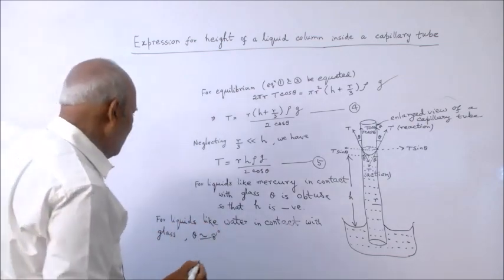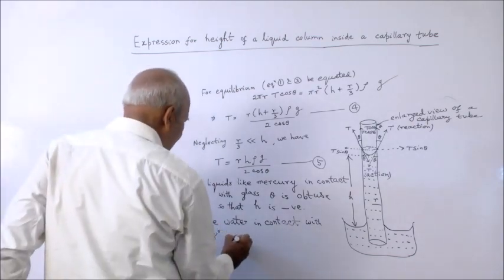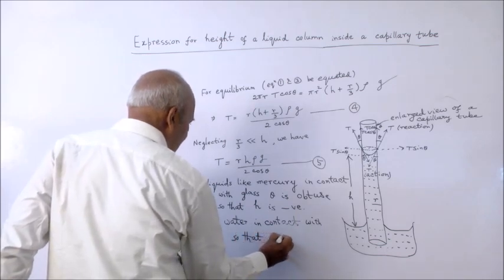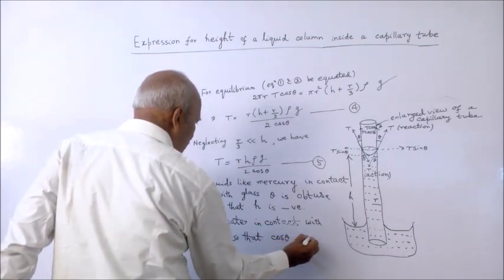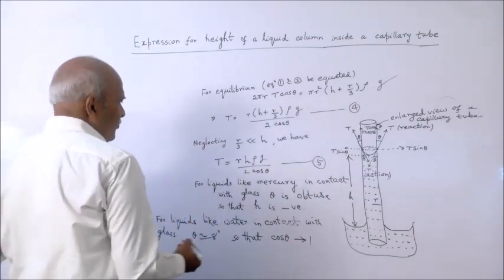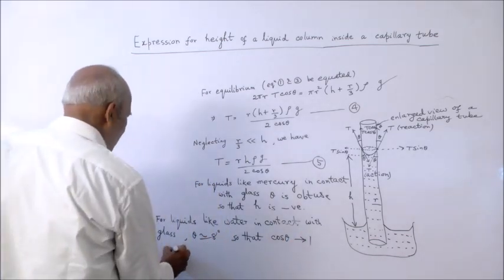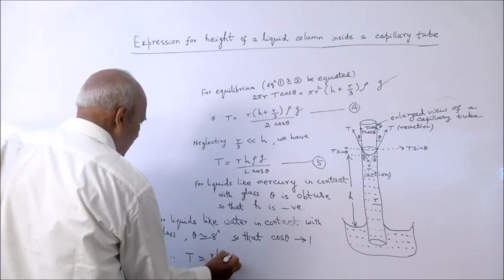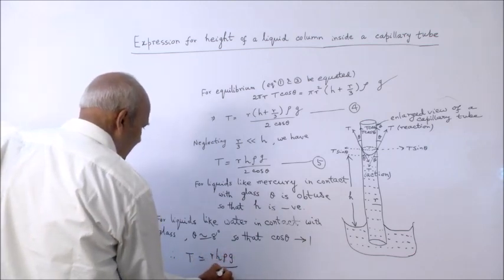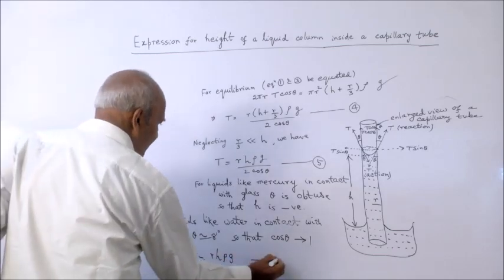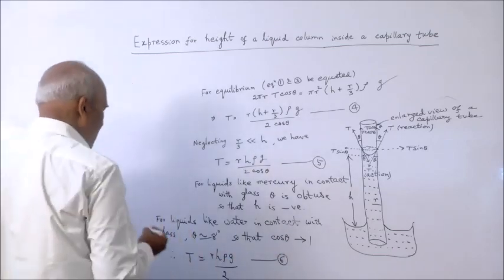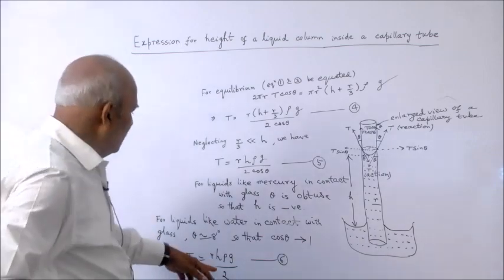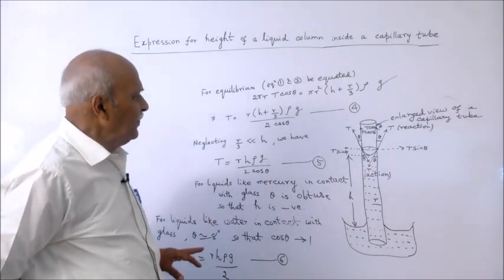That has been experimentally found. So, that cos theta tends to 1, like cos 0. So, T is r h rho g by 2. This is equation 6. So, from this we can find the height. Height is equal to 2T by r rho g.